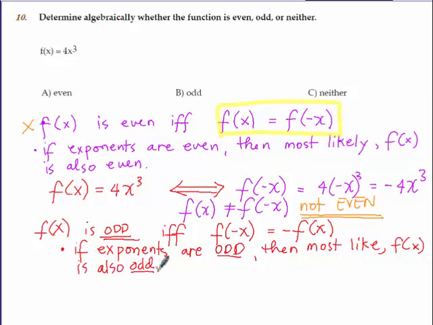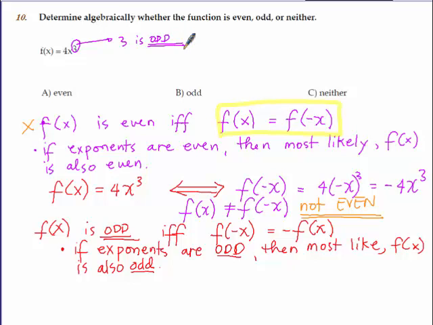So let us investigate. Our f of x is equal to 4x cubed, which has an odd exponent. It has only one exponent, which is 3, and 3 is odd. That gives us a very strong impression that f of x might be odd.